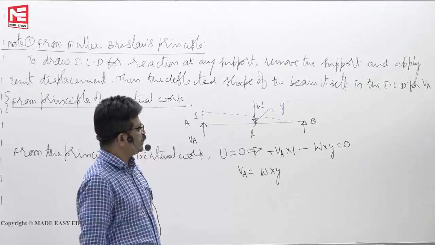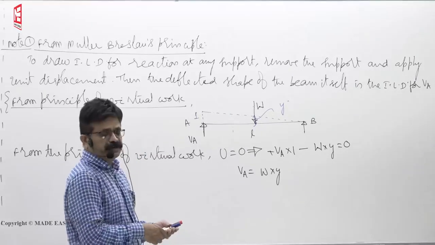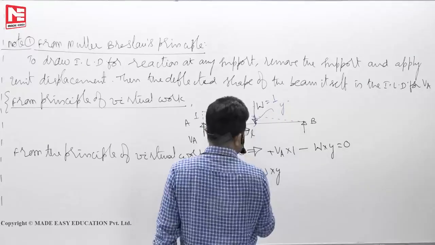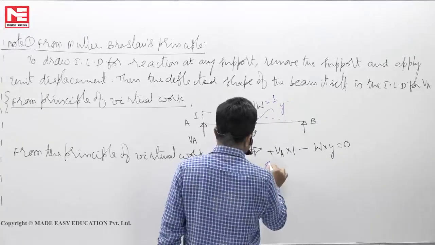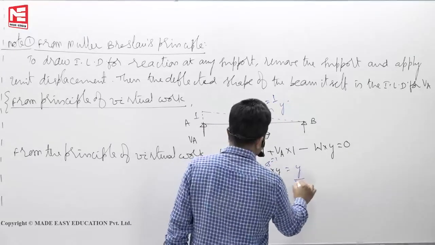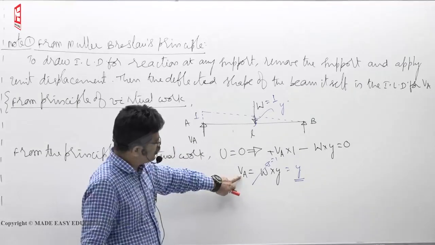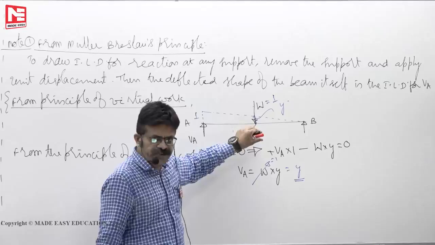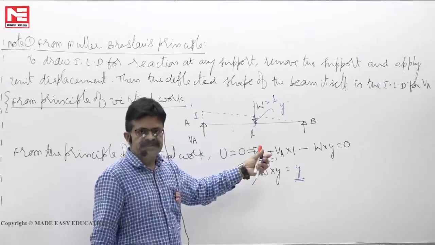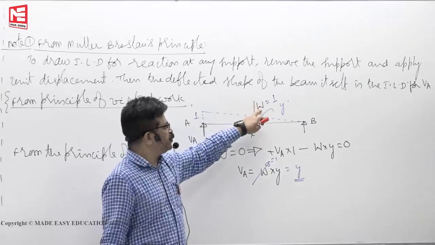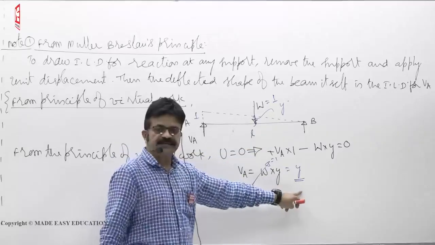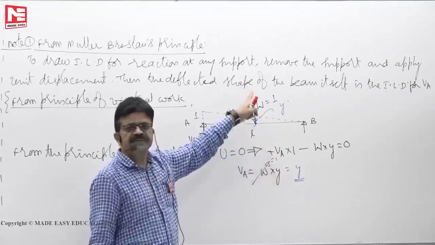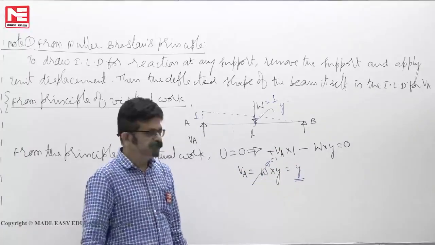Supposing W also becomes 1, then VA becomes y. The reaction here becomes the ordinate, and that ordinate we call the influence. So the influence of W on VA is y. That is how, for a unit load, the influence is y.